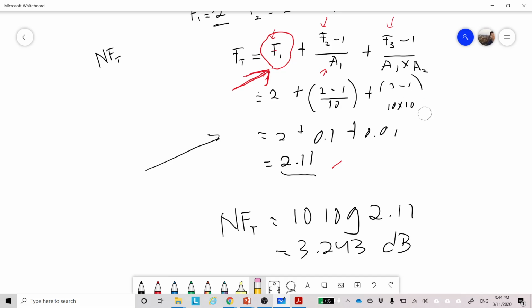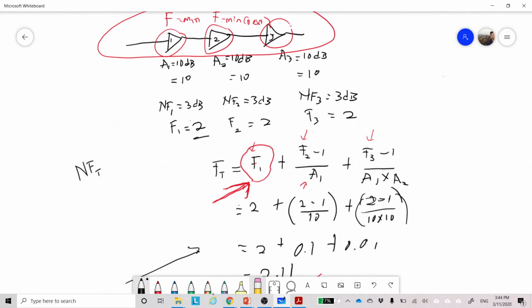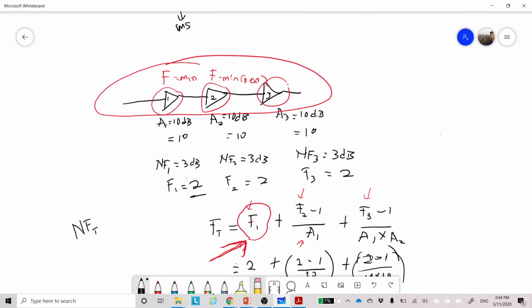Kembali kepada ni, jawapan pelajar adalah amplifier yang mempunyai gain yang tertinggi berada pada first stage. Itu jawapan kesilapan pelajar yang lepas. Dia berdasarkan nilai A, okay, A1, A2, A3. So mana yang paling besar, letak kat depan. Itu dia punya jawapan. So which is wrong.